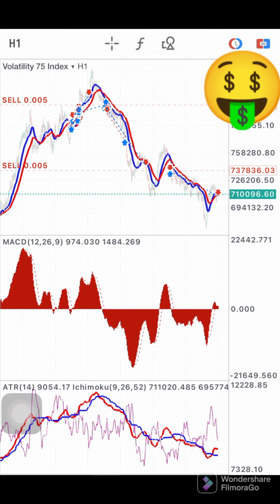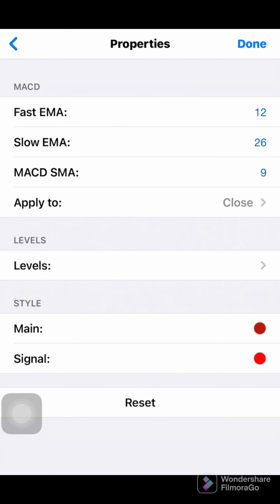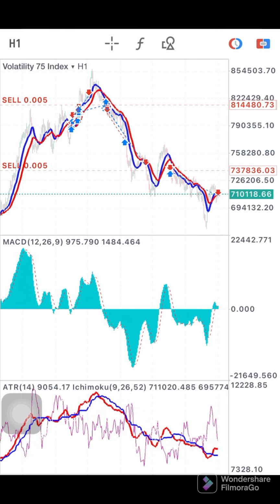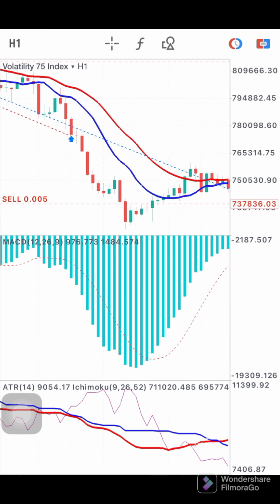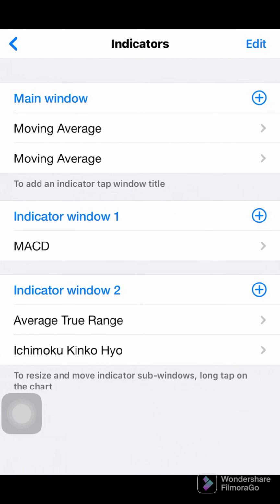Let me just make some colors more graceful. Okay, this is cool. So this is Adnan Global Access Forex. Let's go back and finish the settings.